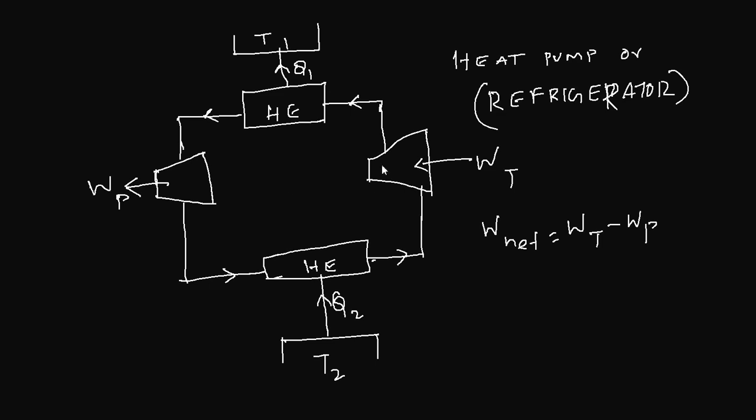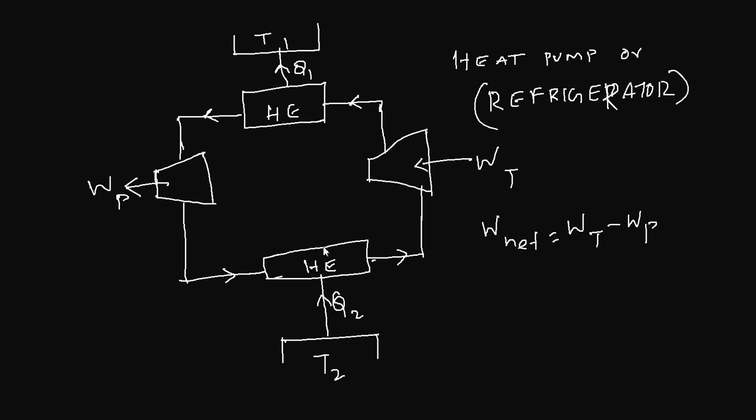Again, this is a reversible process, a reversed heat engine. This is the ideal case. It is not practically possible, but it is possible to produce a refrigerator and heat pump with losses, which means it is not reversible.